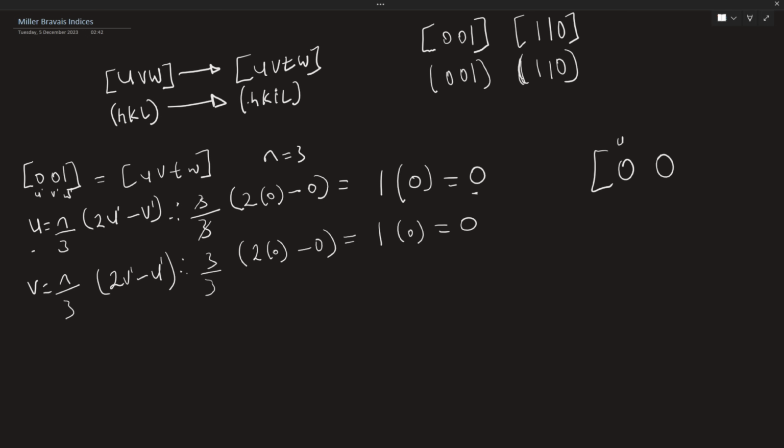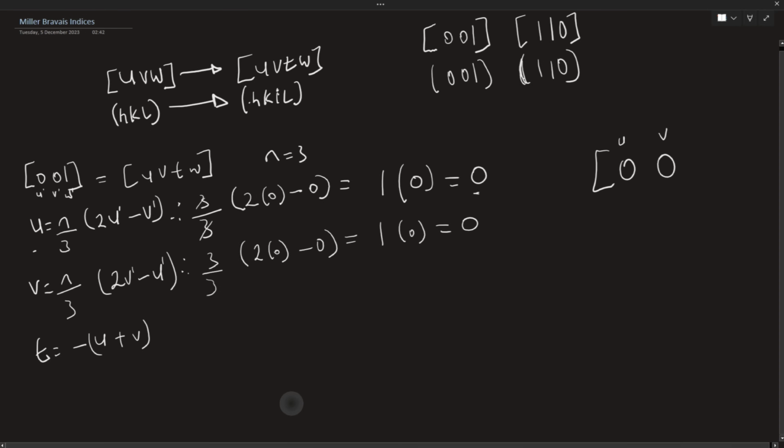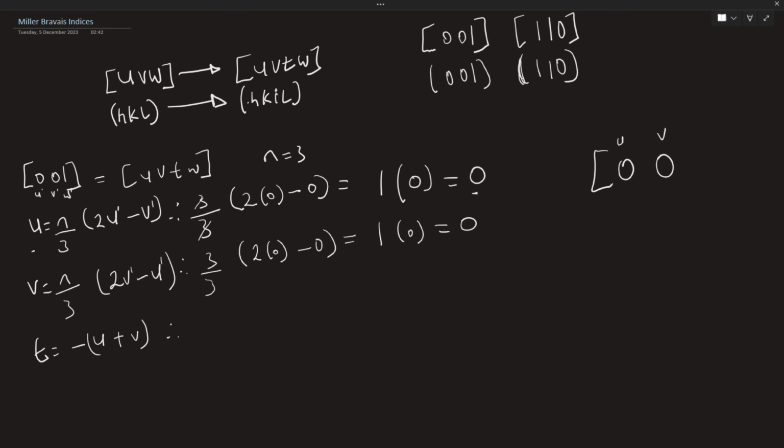So we have another 0 for our v. Then formula for our t is minus u plus v, right? So we go ahead, therefore our t is equals to negative of our u, which is 0, plus 0, which is like a negative 0, which is equals to 0. Then we have our t again to be 0.